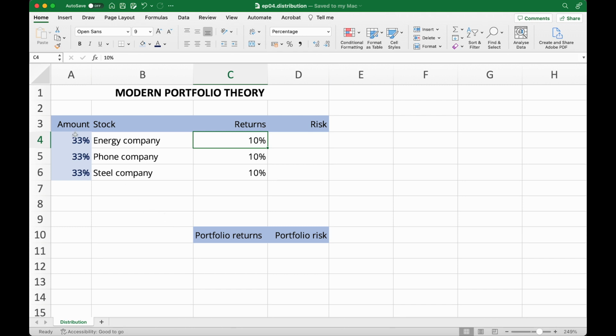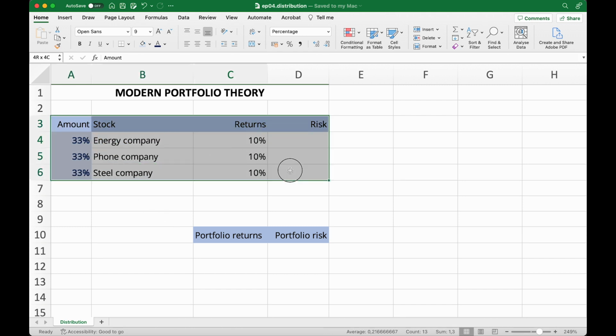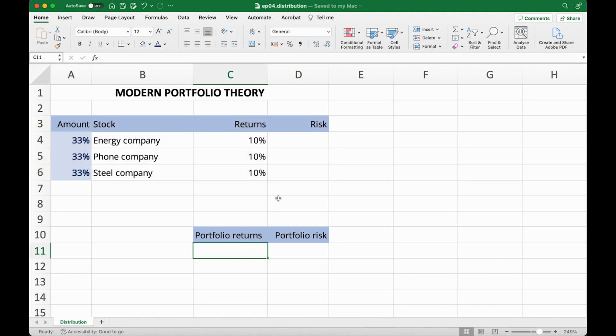That means that the combined portfolio will also get 10%. No matter how you distribute between them, they will always give 10%.